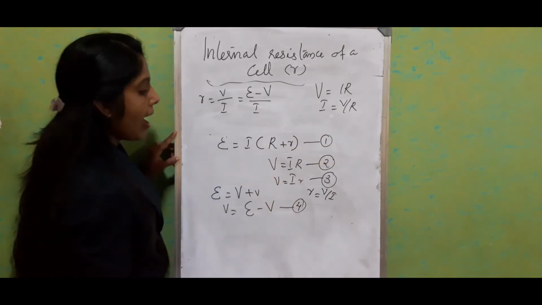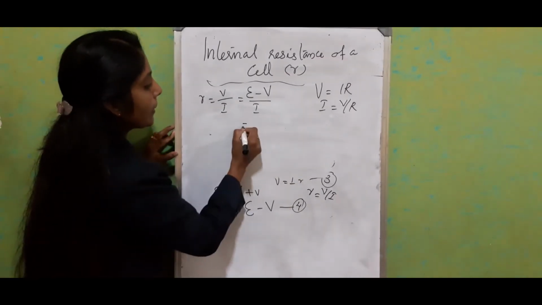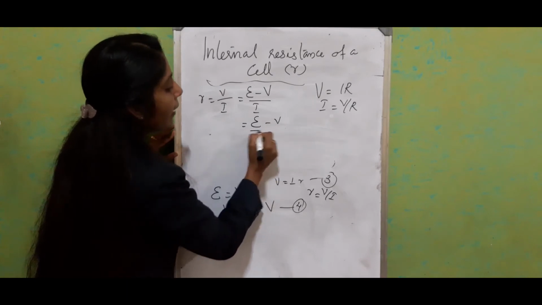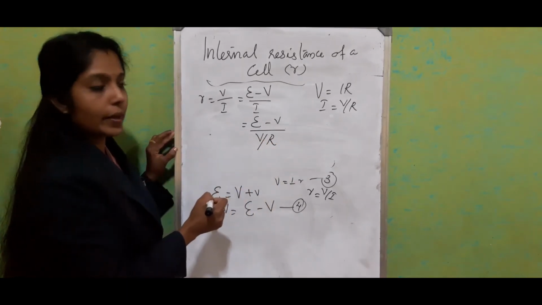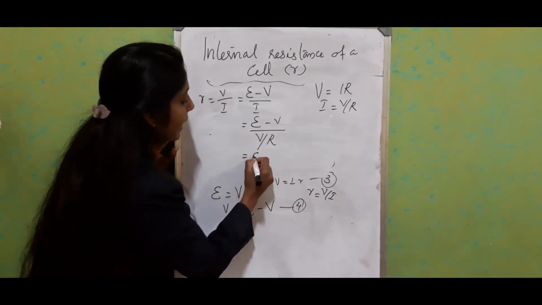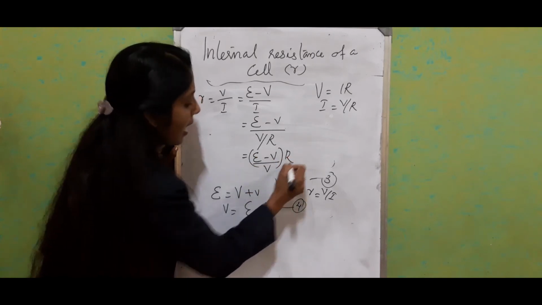I is V by R. So I'm going to substitute I as V by R. Then the R will go up, and we get epsilon minus V divided by V, into R.